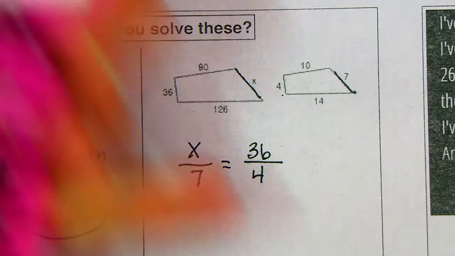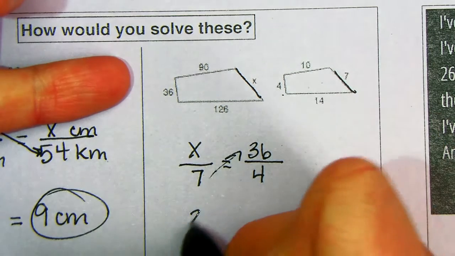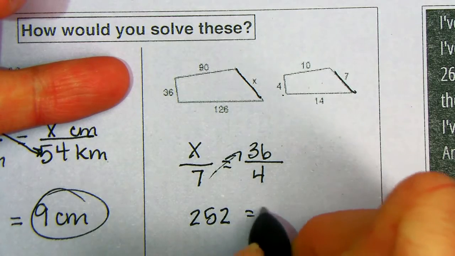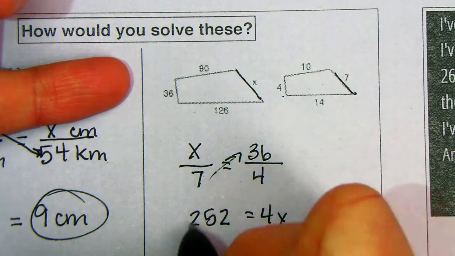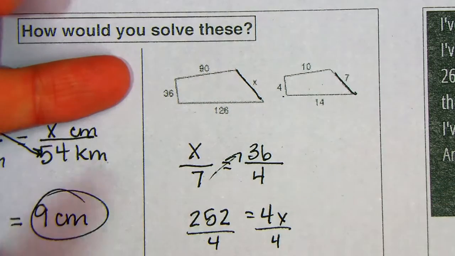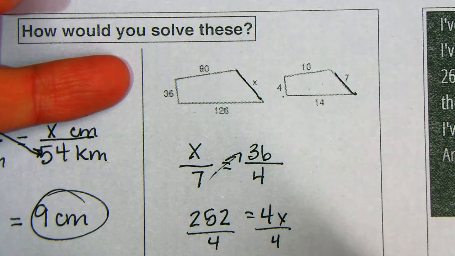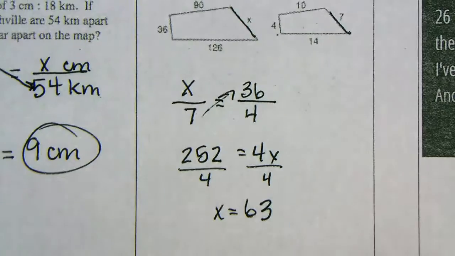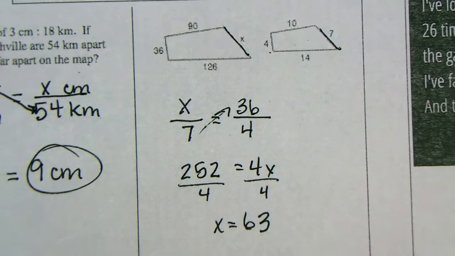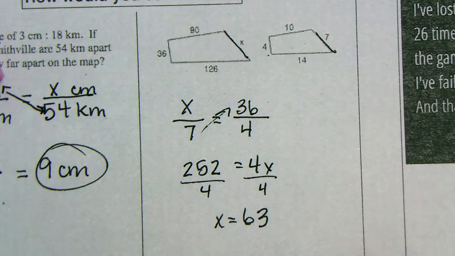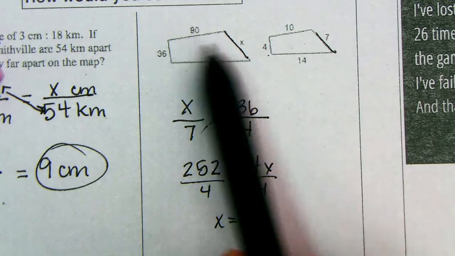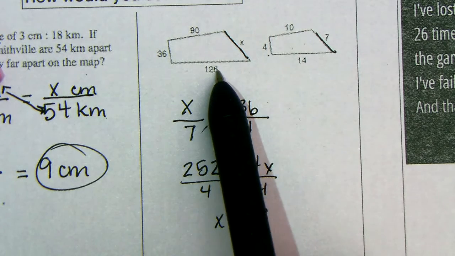So when we divide by 4, you should get x equals 63. And always, does that seem like a reasonable answer? It seems kind of big at first, but then I looked and went, well, this is 90, this is 36, and this is 126, so it's not bad. And usually I'd say you need a unit, but I didn't give you units to start with.